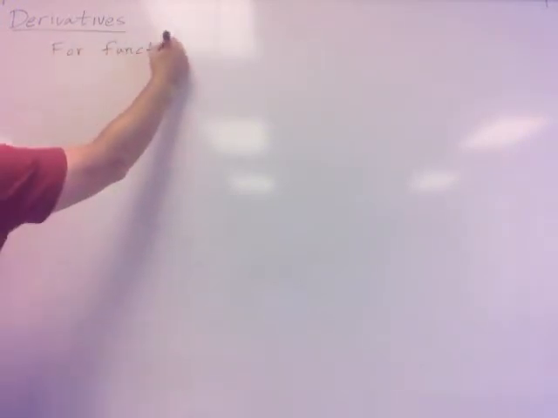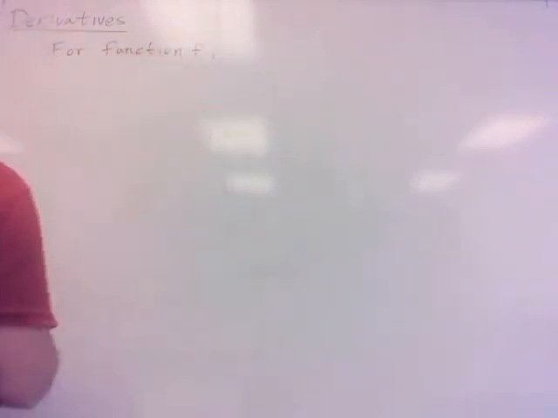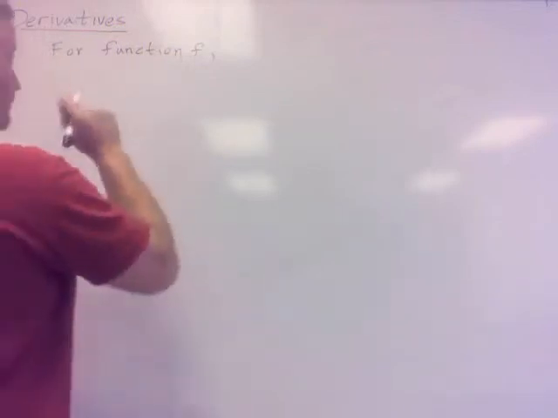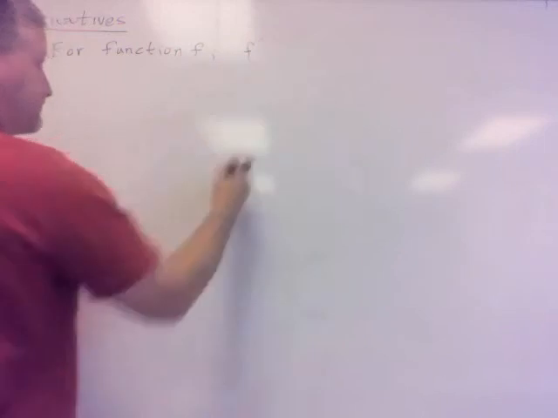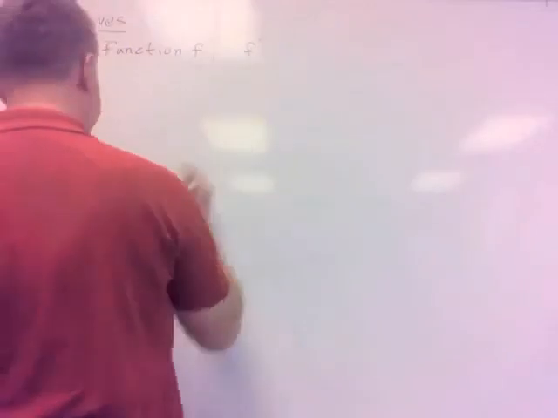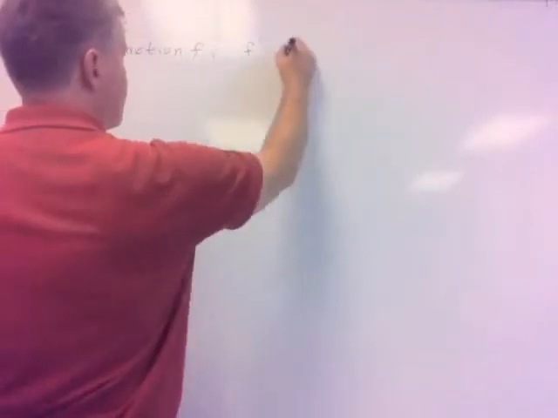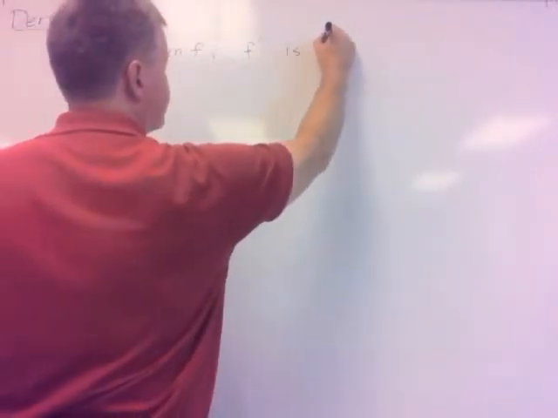And if we're talking about function f, for function f with a little mark up, a superscript, I guess you call it, a line like this, that for function f is said to be the derivative of the function.